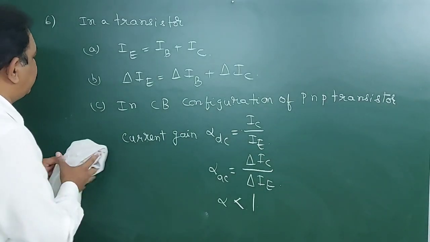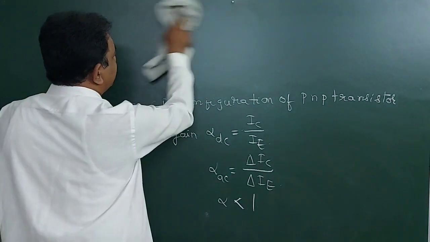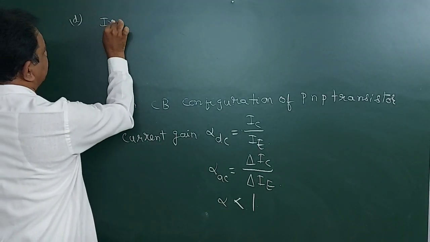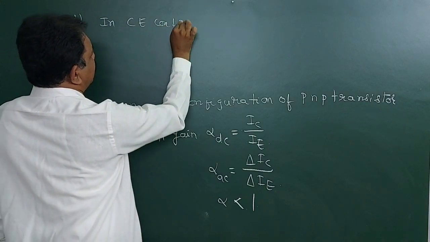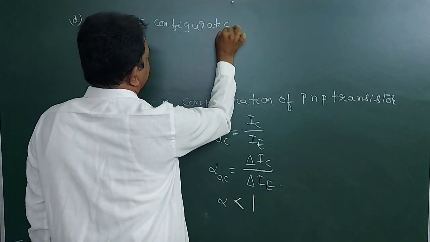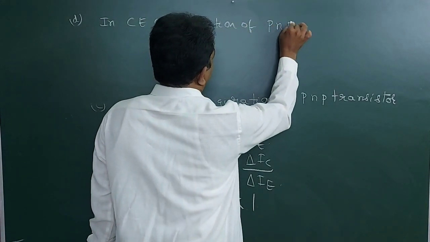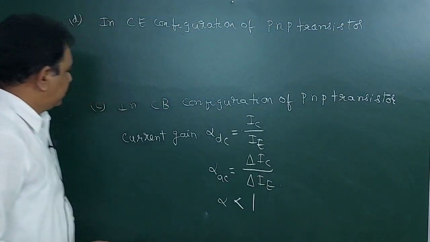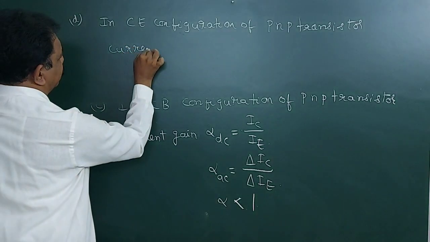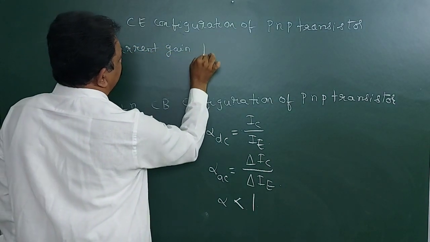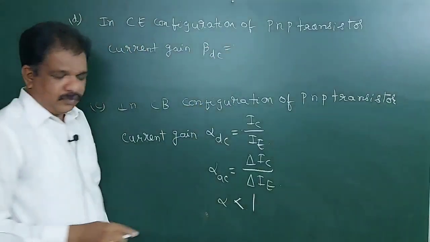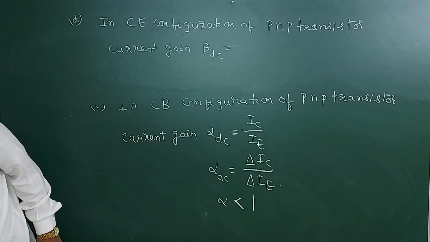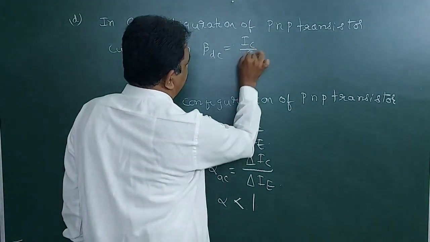Next, if you take the common emitter configuration of PNP transistor, the current gain beta DC is equal to IC by IB.